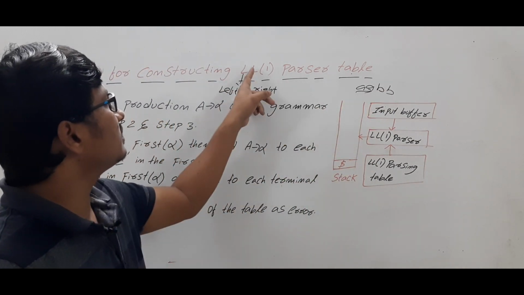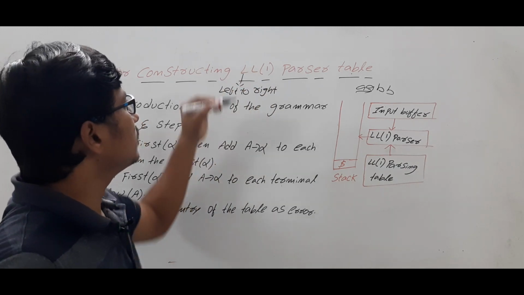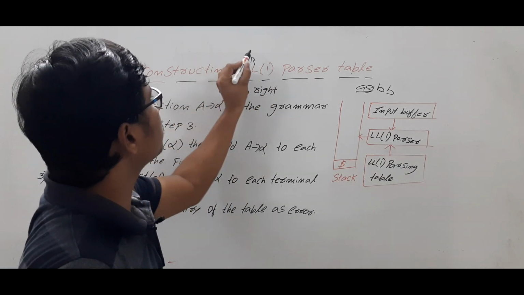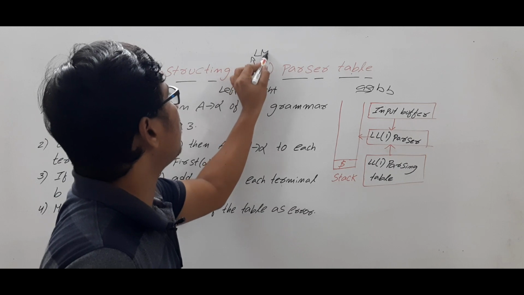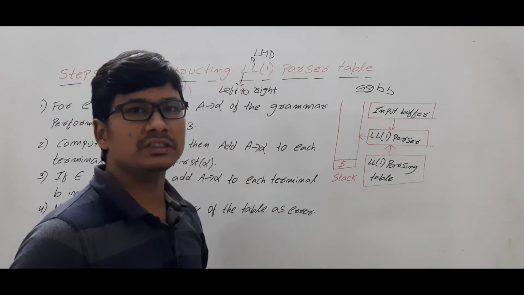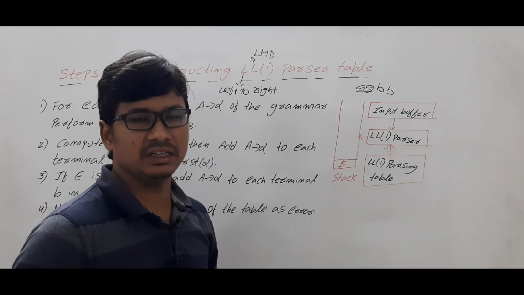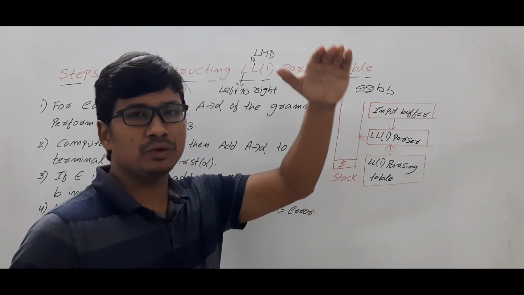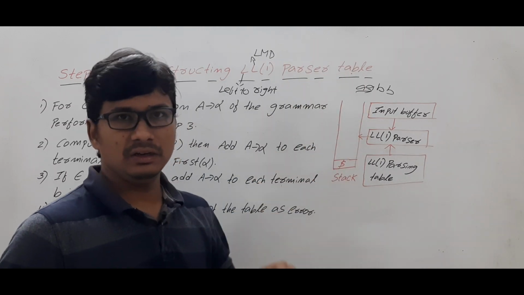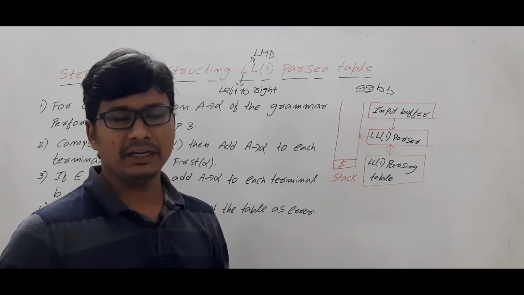Okay, and this second L represents that you are doing the leftmost derivation, because all the top-down parsers will do the leftmost derivation. They will start from the root and they will go for the terminals. Am I right or wrong?